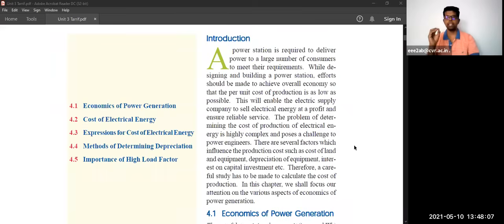In a thermal power station, you have to maintain the boilers frequently. Why? Because in the boilers, day by day there may be scale formation, and that scale formation you have to remove.